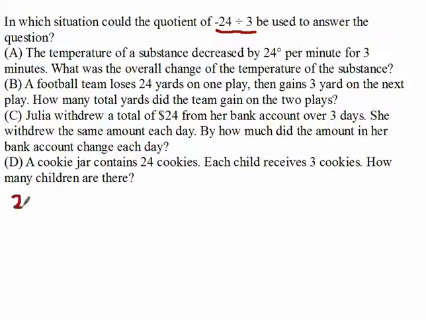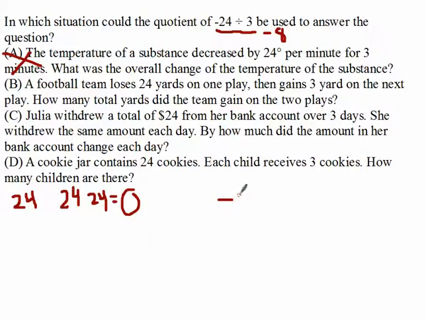For that, I would go 24 the first minute, 24 the next minute, 24 the third minute, and I'm going to get a number that is not equivalent to this answer, which is -8. So A cannot work.